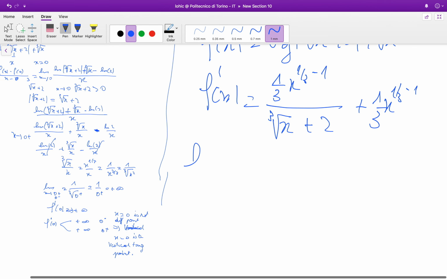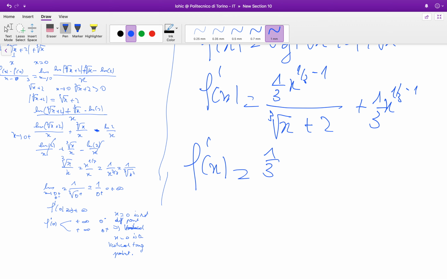So let's write the derivative better. f prime of x is equal to 1 over 3 multiplied by x to the power 1 over 3 minus 1, which is minus 2 over 3, right? x to the power minus 2 over 3 divided by cubic root of x plus 2, plus 1 over 3 multiplied by x to the power minus 2 over 3.